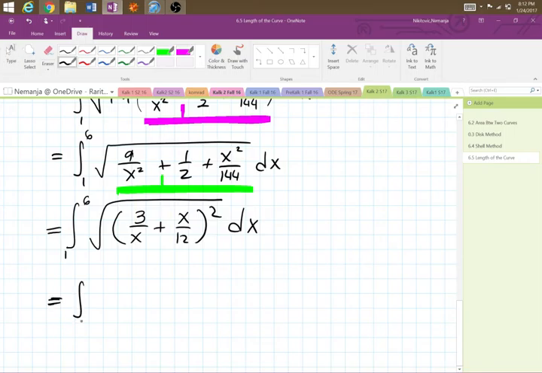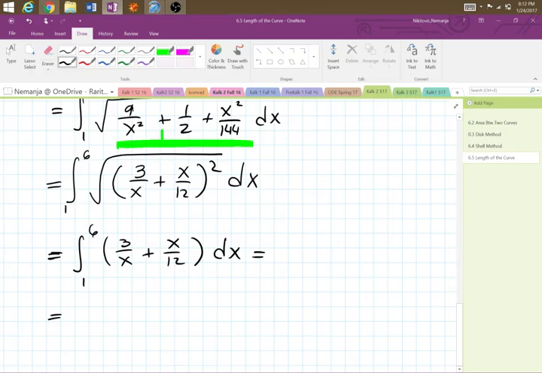So the integral from 1 to 6 of 3 over x plus x over 12, dx. What do we get? 3 ln absolute x plus x squared over 24, and we have a number on the other end.